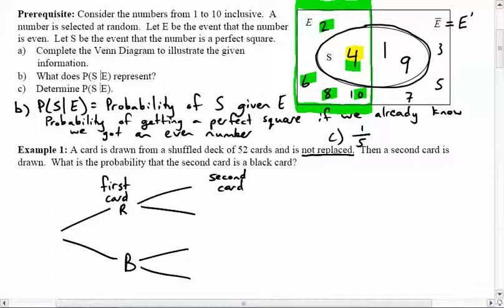If the first card's red, we've got two possibilities for the second card. The second card could be red or black, and if the first card is black, then the second card could be red or black. And on your tree, we're going to write down the probabilities associated with those events. So for your first draw, the chance that you get a red card is a half, and the chance that you get a black card is a half.